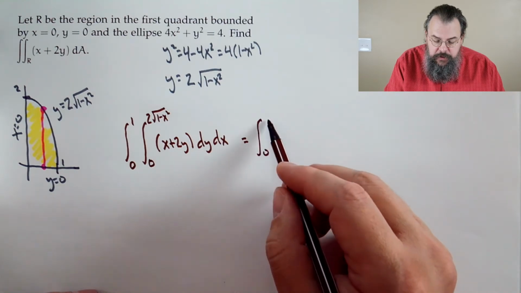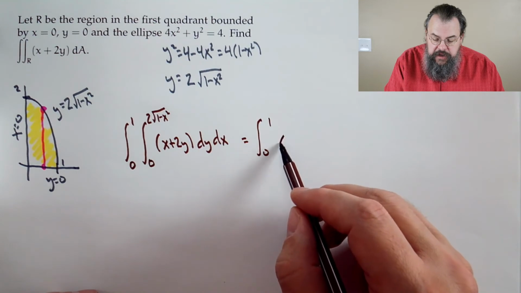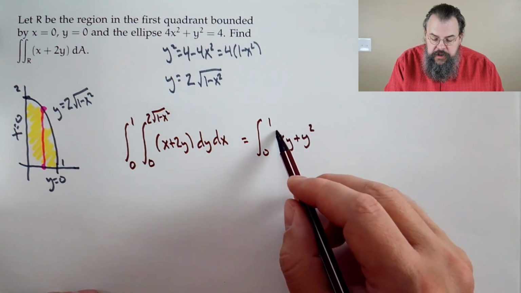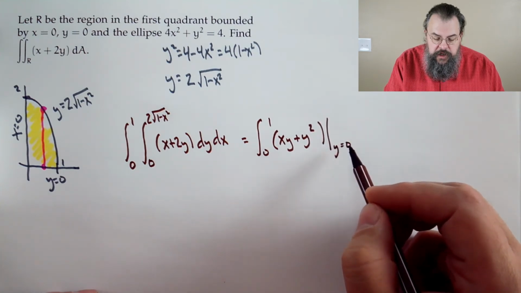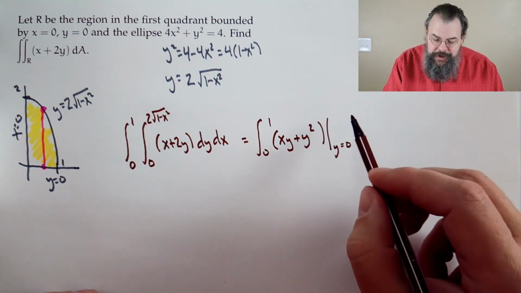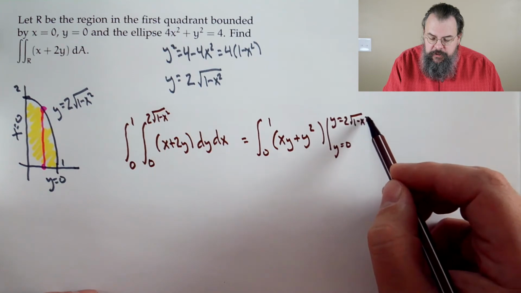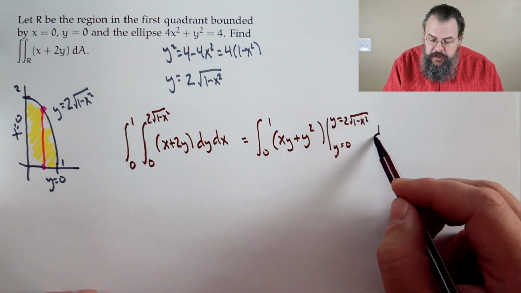Integral from 0 to 1, and integrating with respect to y gives x times y plus y squared. And we're going to evaluate from y equals 0, oh, that's nice, I like y equals 0, it's going to be pleasant, to y equals 2 square root 1 minus x squared.